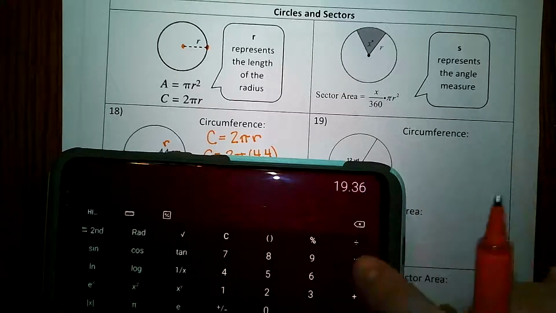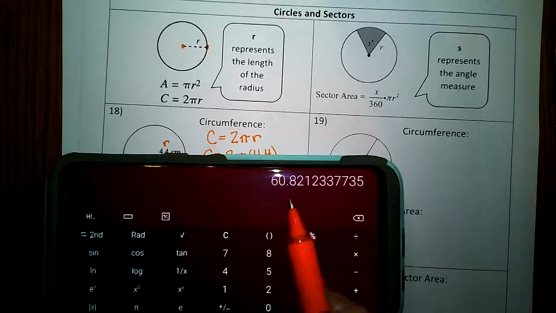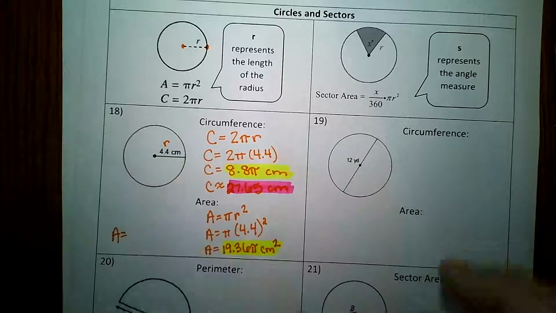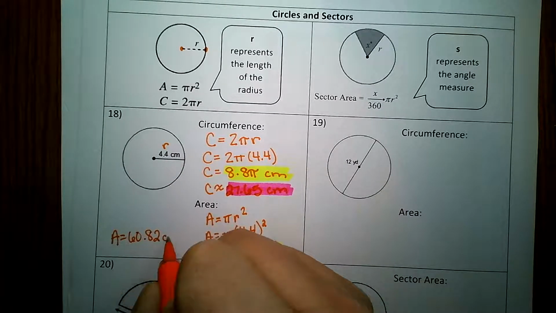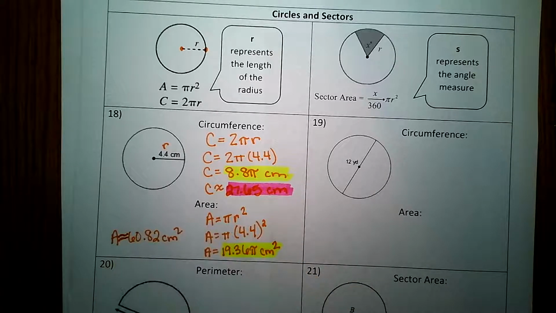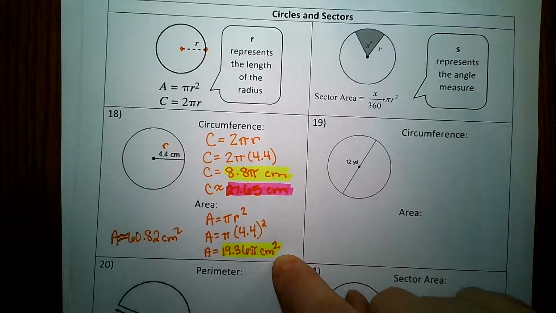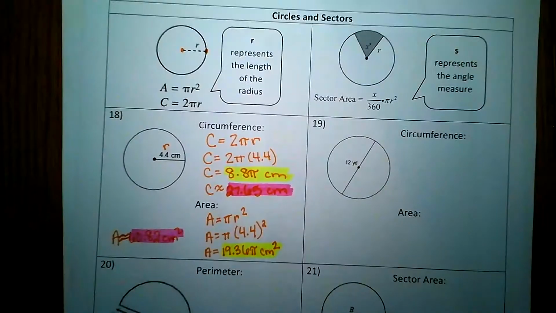So 19.36 times pi is 60.82 centimeters squared. And that's not an exact value, it's an approximate value. We had to round to get that value. So there's two types of answers we're looking for here. Our exact answer is still going to have pi in it, and for our rounded answer, we're going to use the pi button on the calculator.